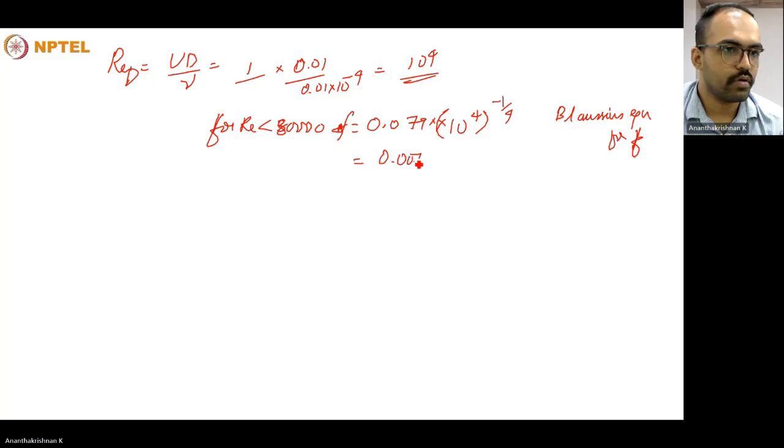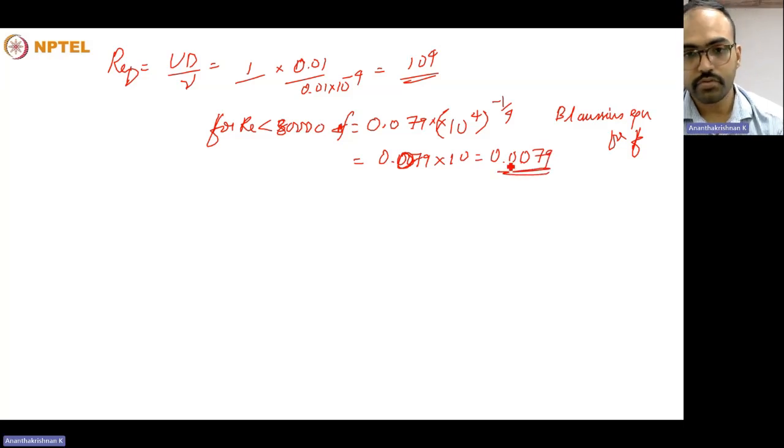So this will be 10 raised to minus 1, and it will be 0.0079. That will be the value of the friction factor.